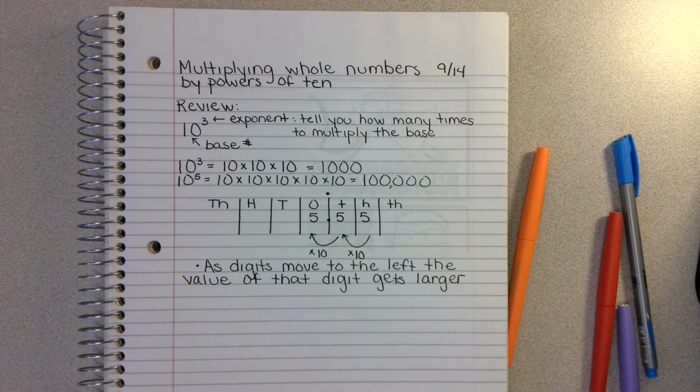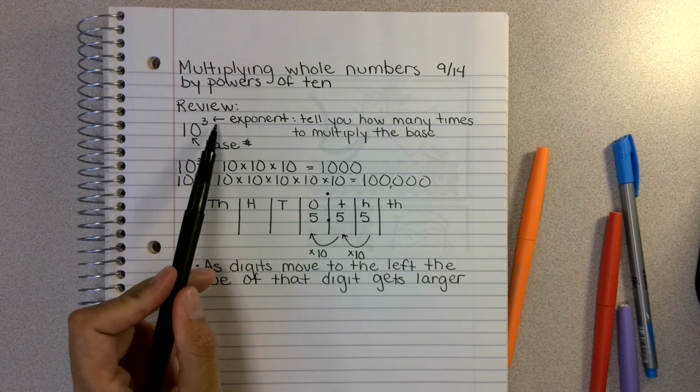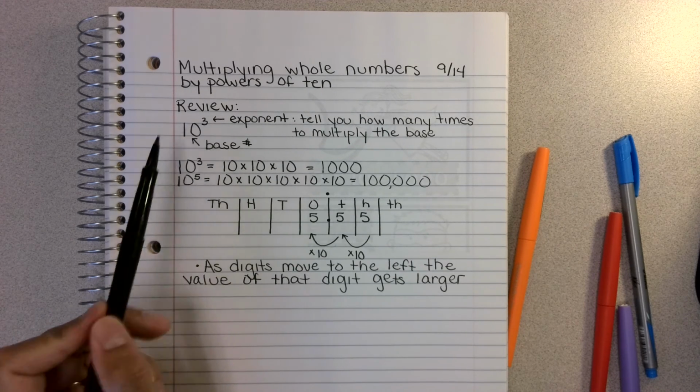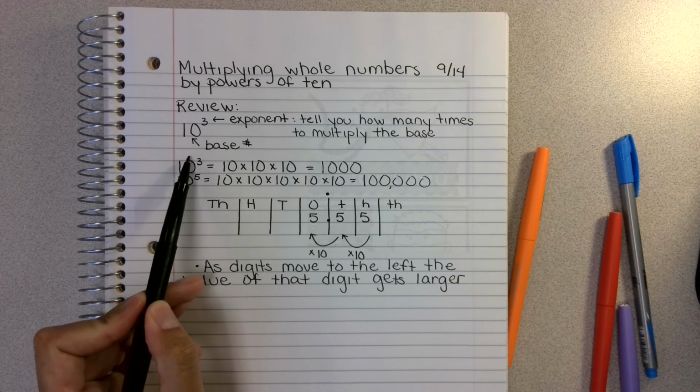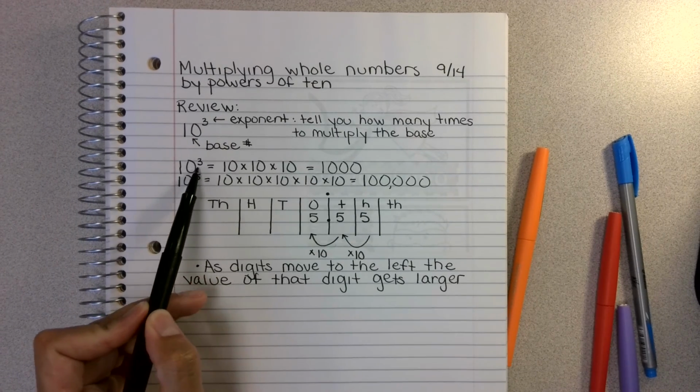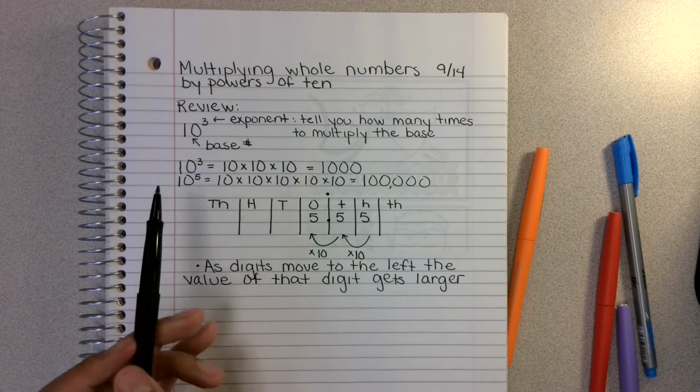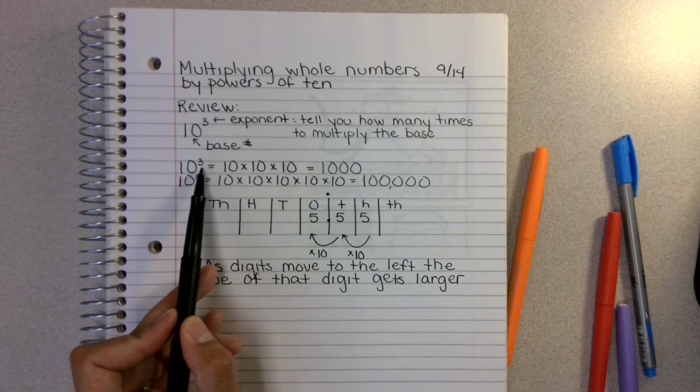Okay. All right, so this is what we have learned so far about powers of 10 when it comes to multiplying. So we know that this is the base, this is the exponent, that if we have 10 to the power of whatever the exponent is, that means how many times we're going to multiply it.